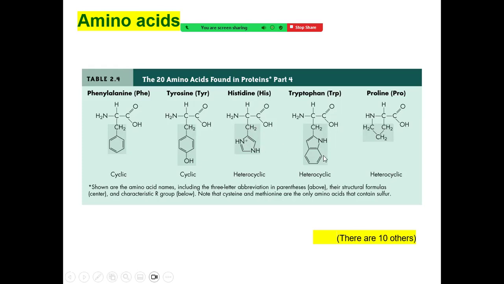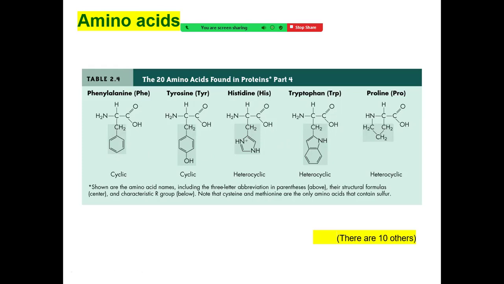And then this one is mostly nonpolar, but it is polar at this NH group. The important thing I'm trying to show you is that the R group can be nonpolar, like this one here, phenylalanine. But some of the R groups can be polar.